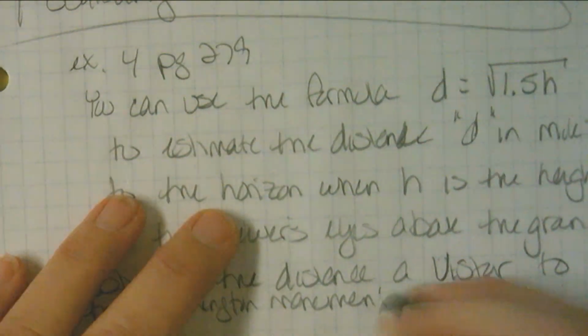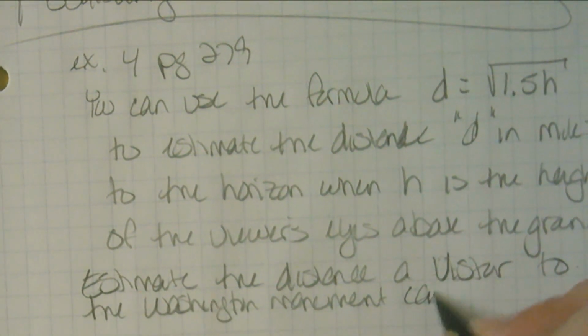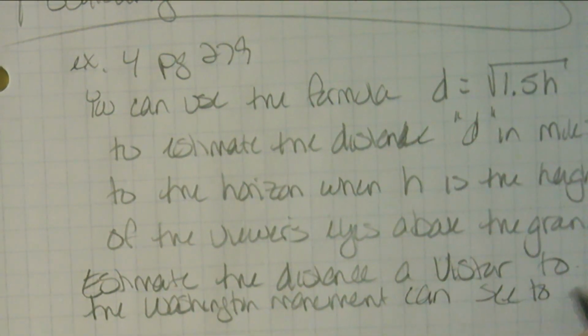Hang on a second, I'll move this. It says, estimate the distance a visitor at the Washington Monument can see to the horizon from the observation window. So estimate the distance a visitor to the Washington Monument can see to the horizon.